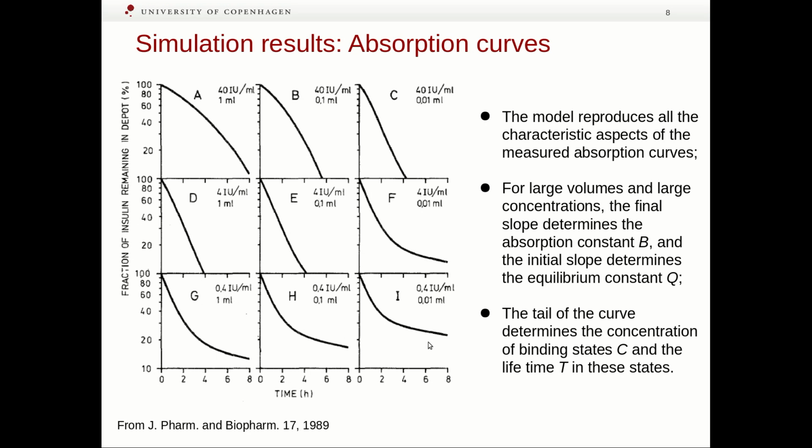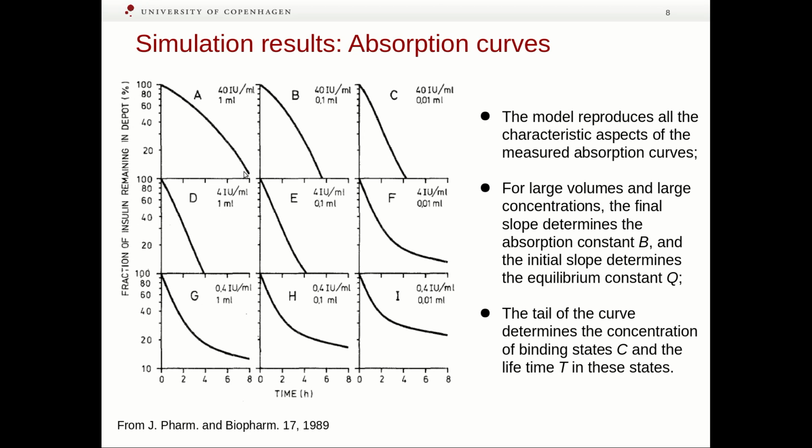And the same with these curves, we see how the slow final absorption rate comes in here as we use concentrations that are very low, and the number of bindings are sufficient to bind most of the insulin. So the result is that these curves that we calculate actually identify the different parameters one by one if we consider the process as we just described it.